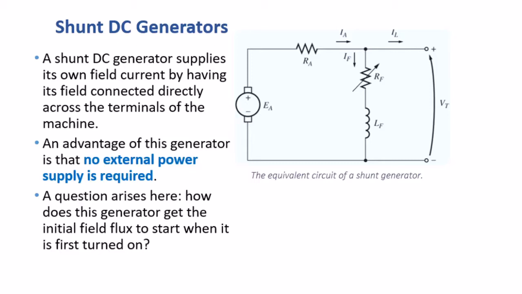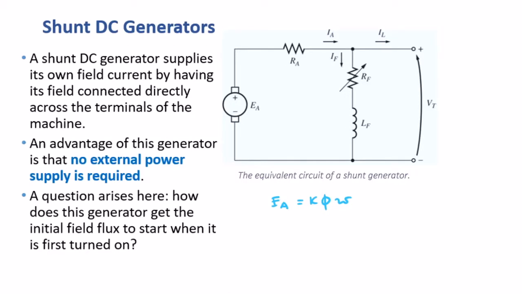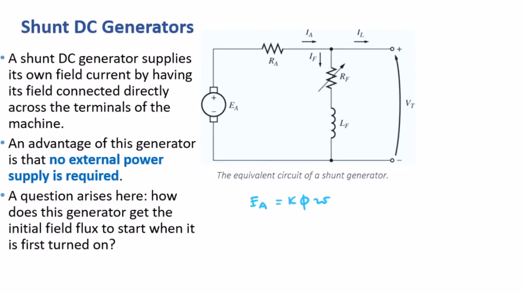This question is about how it gets the flux, how it gets the field current. If you remember that EA equals K flux omega, but maybe before we discuss that, let's go back to the equivalent circuit and derive the equations that are important from it.